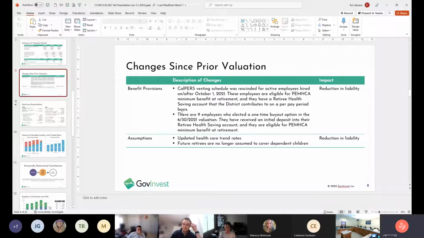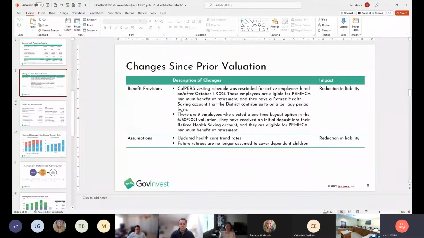The existing employees who were hired prior to October 1st, 2021 did have a one-time buyout option where you can elect the PEMCA minimum benefit at retirement in exchange for an initial deposit to a retiree health savings account. There were 9 employees who elected this one-time buyout, and they are included in the valuation. This will become important when you look at the impact of benefit change on the next slide.